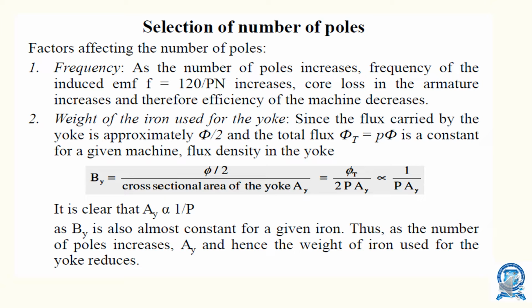So it is φT divided by 2Ay, which is proportional to 1 by P into Ay. Therefore, the area Ay is inversely proportional to the number of poles, as By is almost constant. Thus, as the number of poles increases, Ay and hence the weight of iron used is reduced.